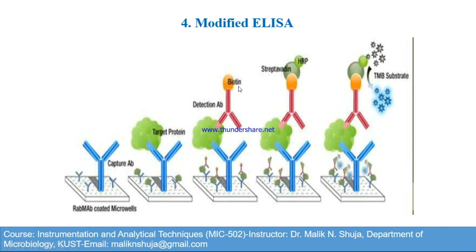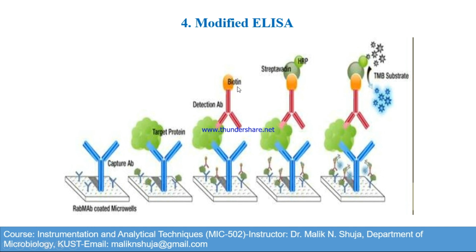Biotin is a water soluble vitamin, a part of vitamin B, currently known as vitamin H. This antibody also makes a complex. Now the antigen is sandwiched between the primary antibody and the secondary antibody.